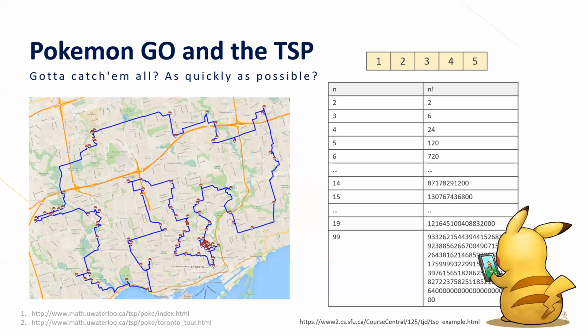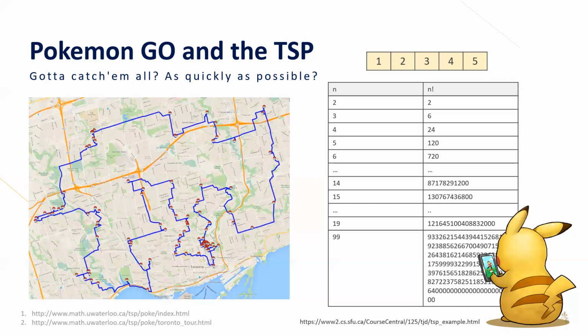You need to spin those Pokestops, but you have to be within some approximate distance of those locations. Normally people will walk around to find those Pokestops, and this research is quite fun. They map all the Pokestop locations in their area, in Waterloo, maybe near the university, I guess.